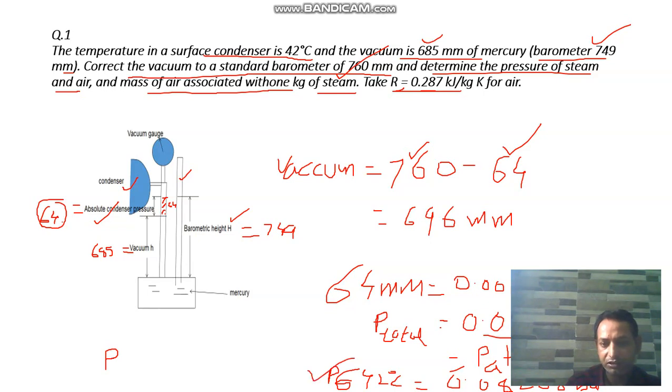So we will subtract the steam pressure from the total pressure, and we will find the air pressure.